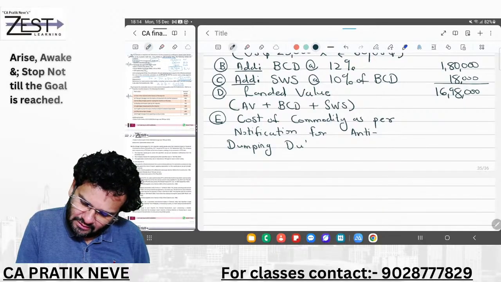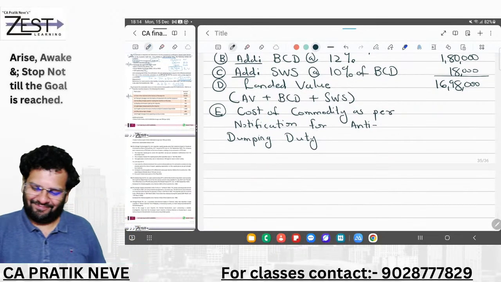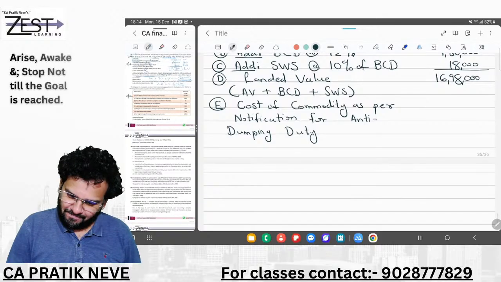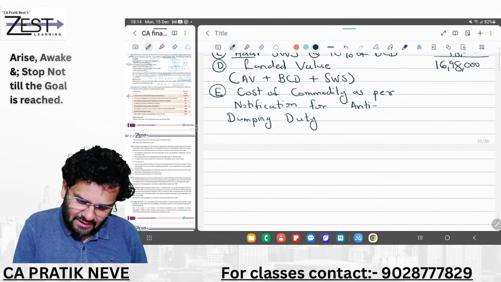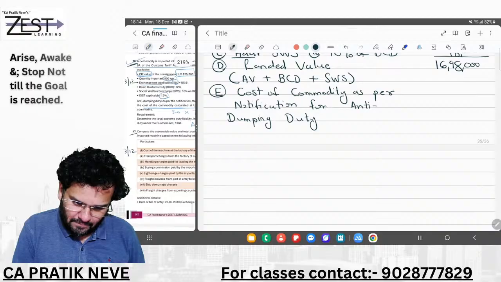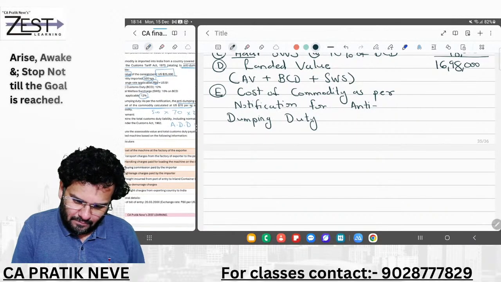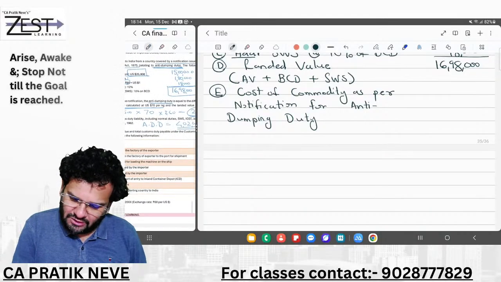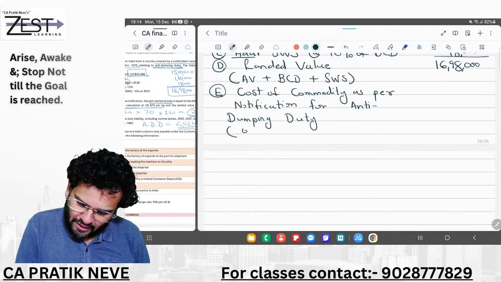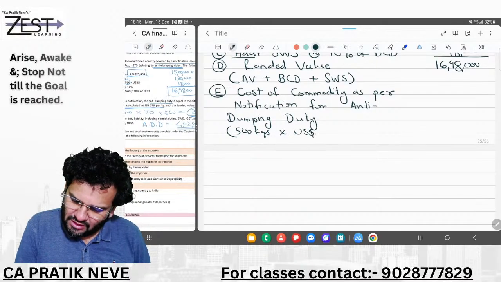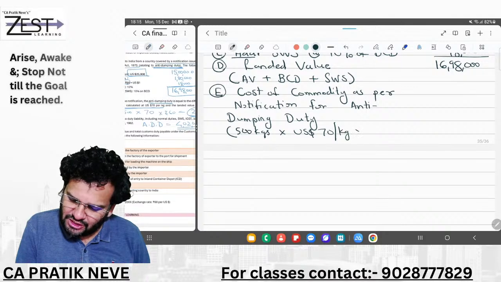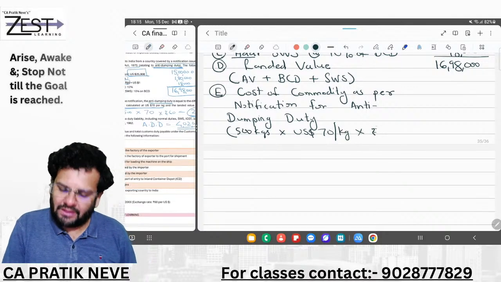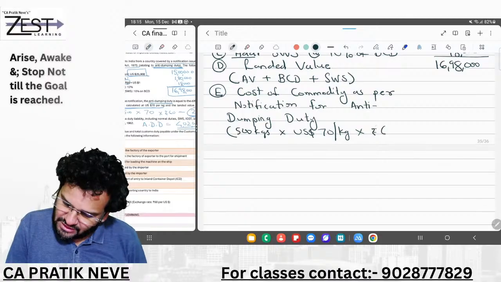Isn't it $70 per kg, 500 kgs into $70 per kg into rupees 60 per dollar?